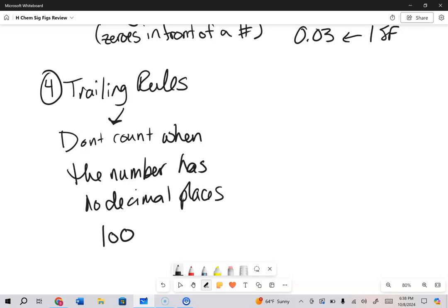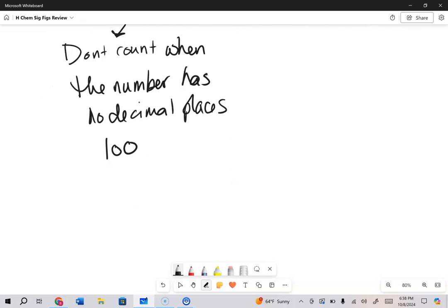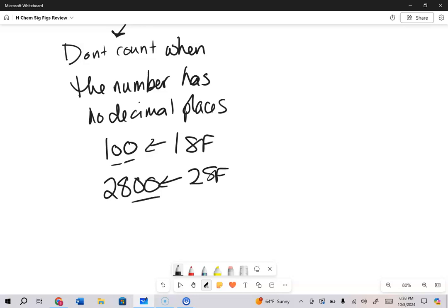Think numbers like 100, 1 sig fig, 2800, 2 sig figs. The zeros don't count because there are no decimals in the number.